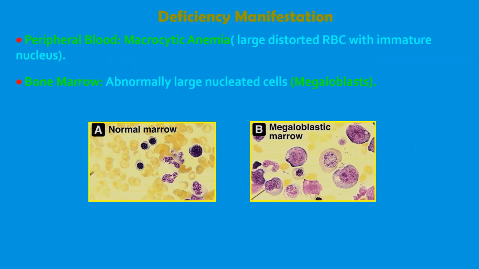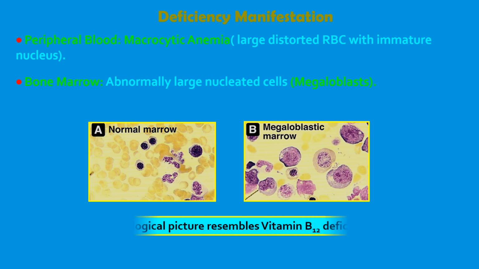So one of the major manifestations of deficiency of folic acid will be in the peripheral blood, where we're going to see an anemia. However, the anemia will be different from what we've been talking about, the hypochromic microcytic. We'll be seeing macrocytic anemia, where we see large distorted red blood cells with an immature nucleus. So if we look at the bone marrow, here we have our normal marrow.